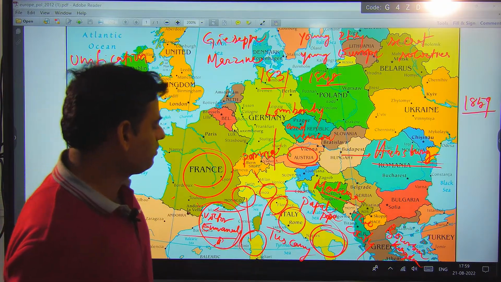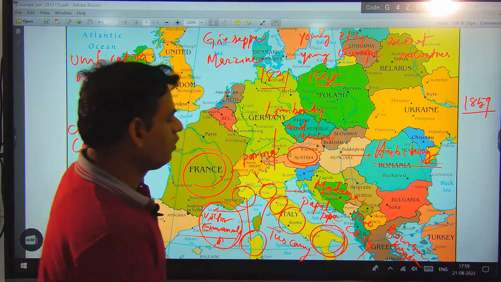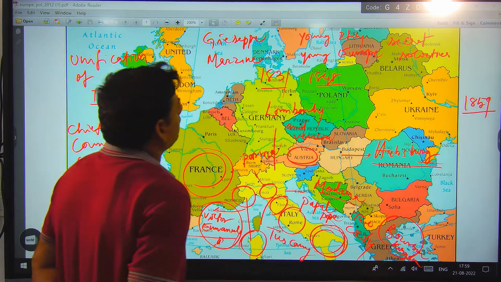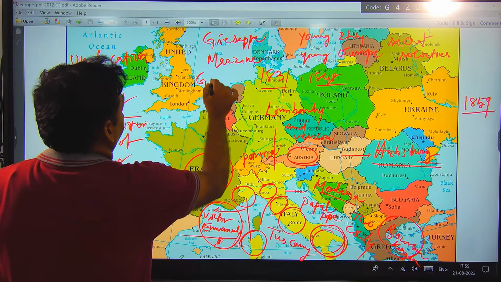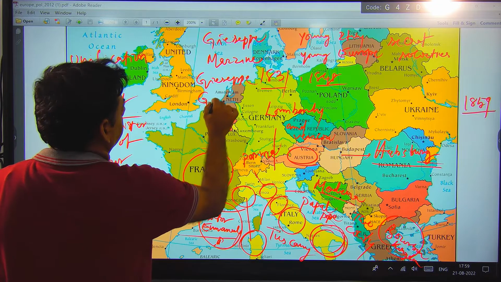These two kingdoms of Sicily were actually ruled by the Bourbon dynasty, and we come to know another personality here, that is Giuseppe Garibaldi.